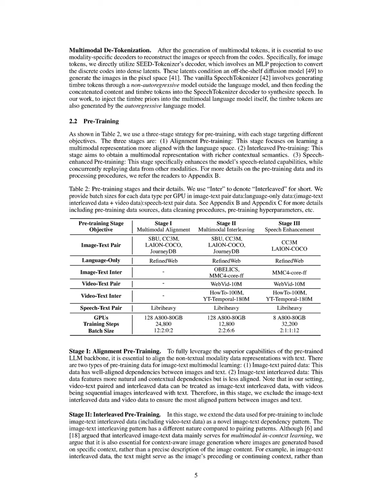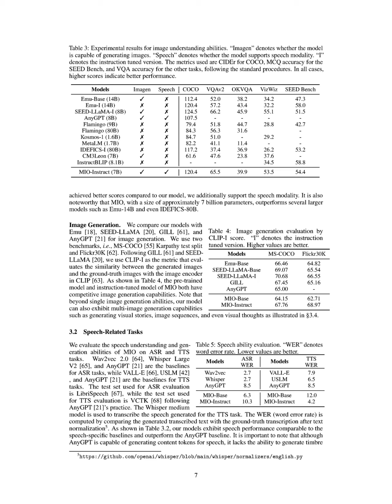3. Detokenization. After generating multimodal tokens, MIO utilizes modality-specific decoders to reconstruct the original modalities. For images, the SEED tokenizer's decoder is used to convert tokens back into images via a diffusion model. For speech, the model generates timbre tokens autoregressively, which are then synthesized into speech using the speech tokenizer's decoder.